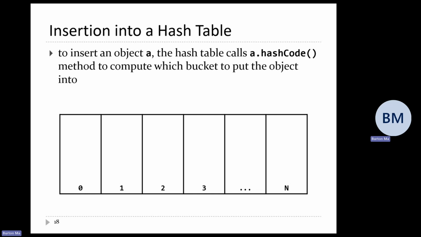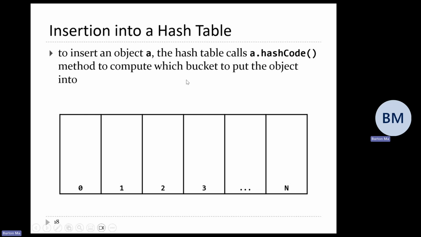How does it do it? It doesn't matter how it does it. The basic idea is you look at the fields of the object, combine the fields somehow, and get back an int result. All that you care about is that hashCode takes an object A and maps it to an int.